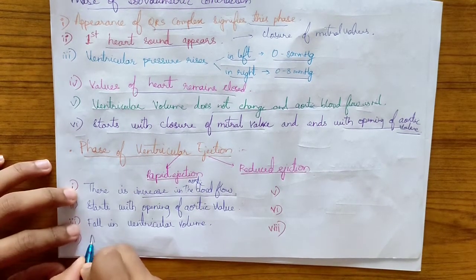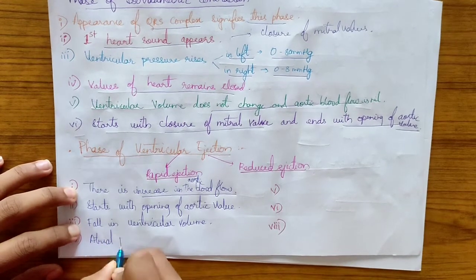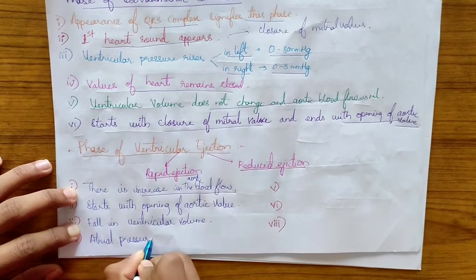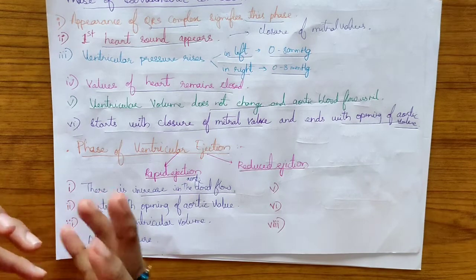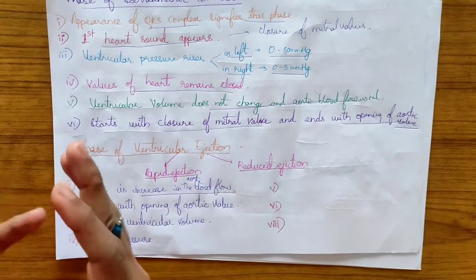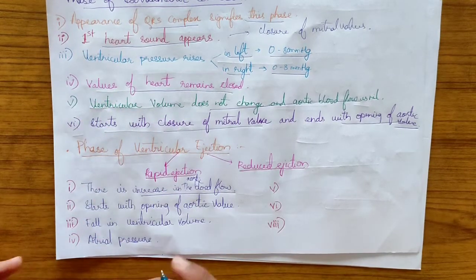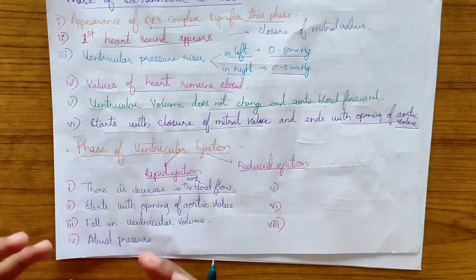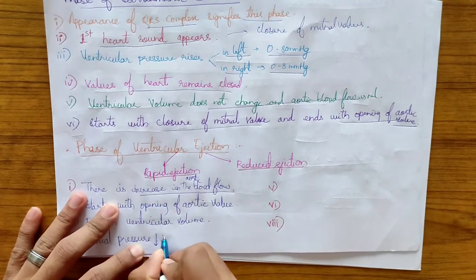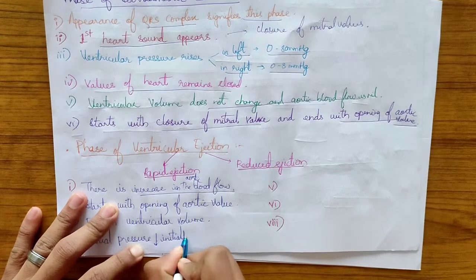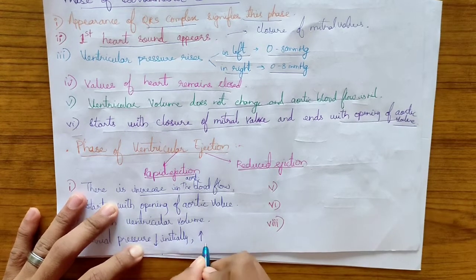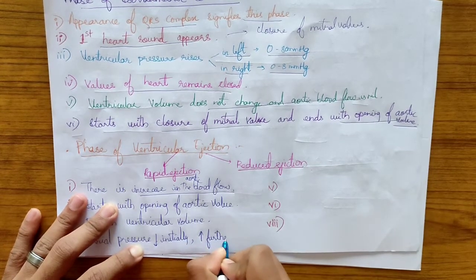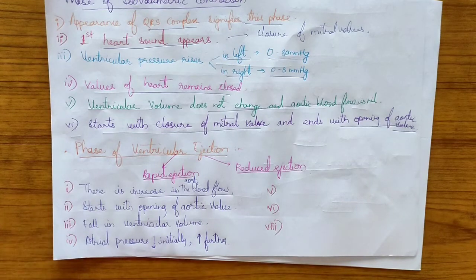The atrial pressure initially decreases, because when the ventricles are contracting, the atria will relax. So initially the atrial pressure will be decreased, but after some time it will increase because of the filling of the atria. So the filling of the atria takes place here.